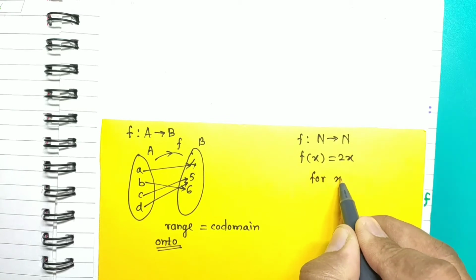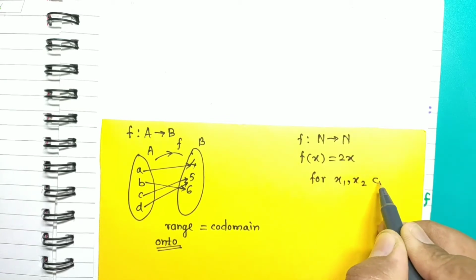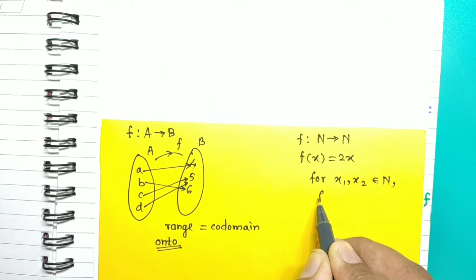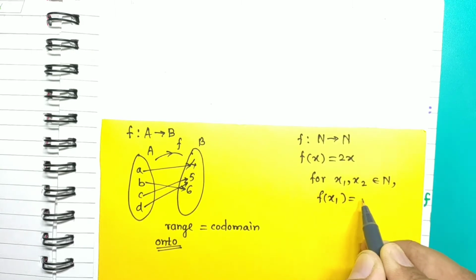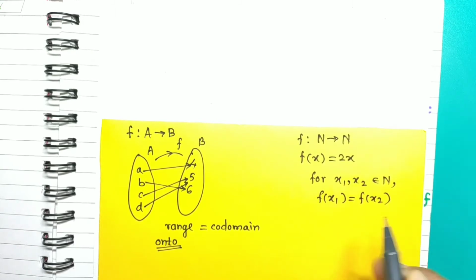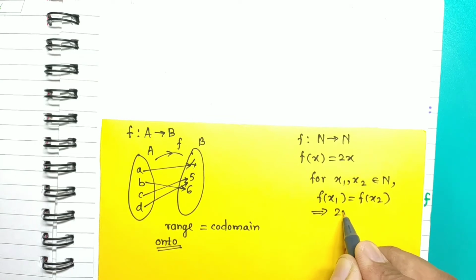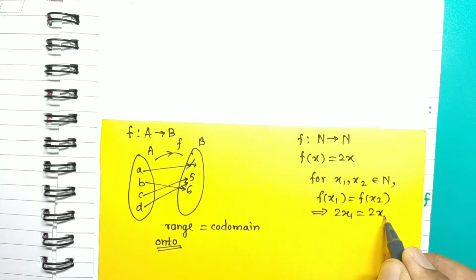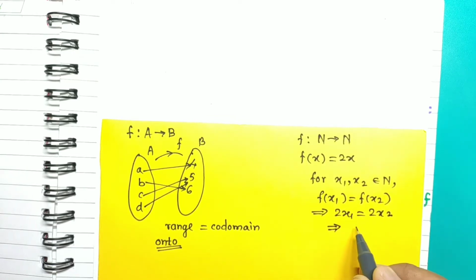For x1, x2 belonging to N, if we consider f of x1 is equal to f of x2, this implies twice of x1 is equal to twice of x2 and therefore x1 is equal to x2. That means two elements are the same from the domain and their images are also the same. So the function is a 1-1 function.